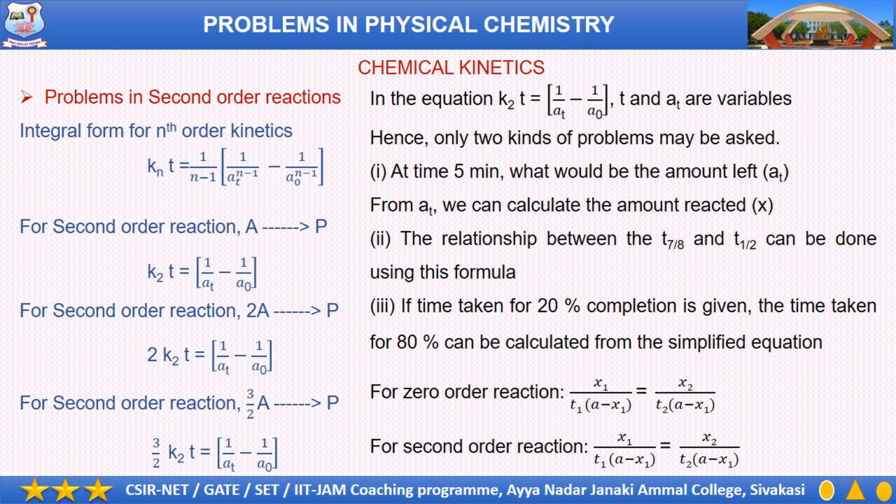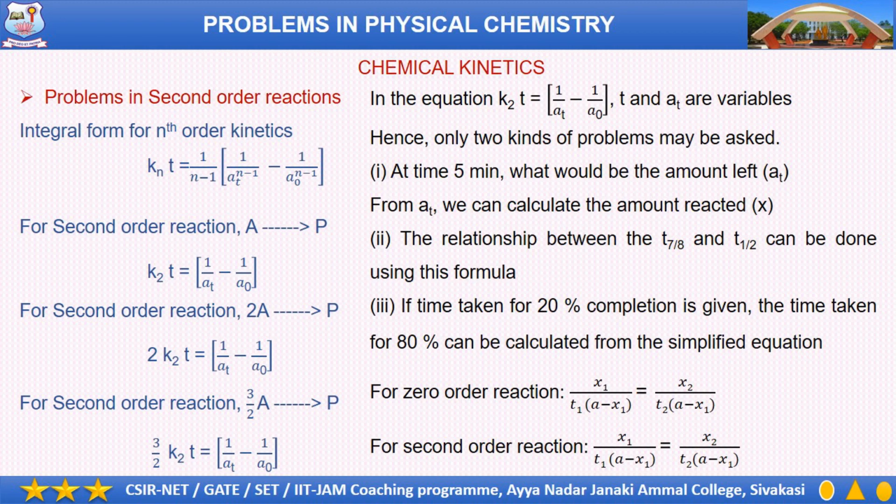What are the problems that can be asked? What are the variables? The time is variable and the amount left after the time is variable. The initial concentration is a constant and K2 is a constant. Therefore, how many kinds of problems can be given in this? Only 2 kinds of problems. At the time t, say 3 minutes or 5 minutes after this, what would be the amount left?